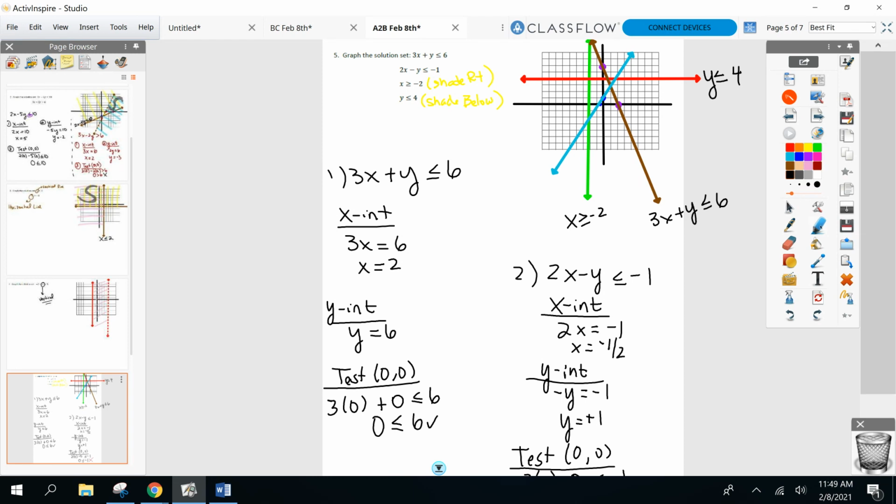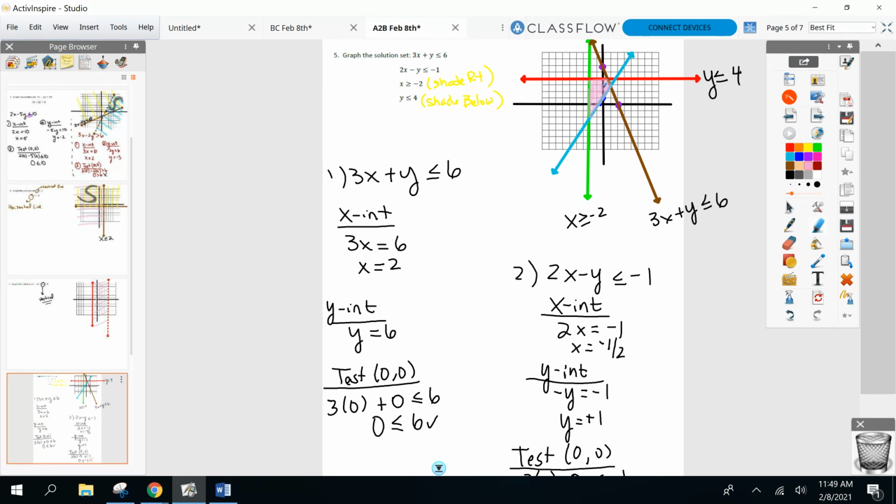Do you see the final shaded region? Everyone see it? It's just going to be this little, looks like a 4-sided figure right here. To the right of my first line, below my second line, to the left of my third line, above my last line.